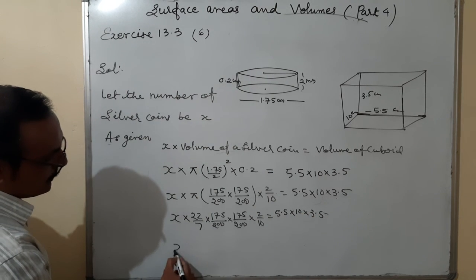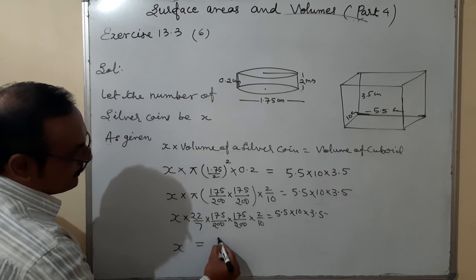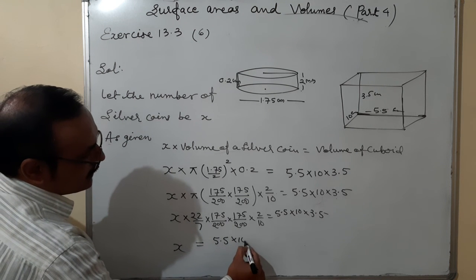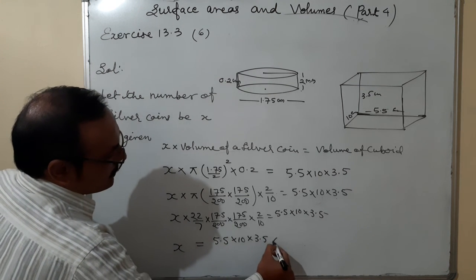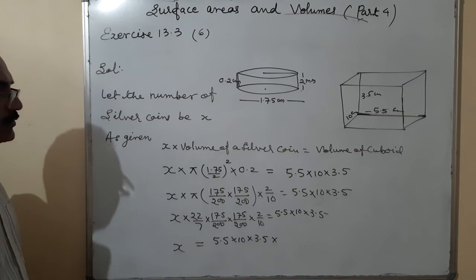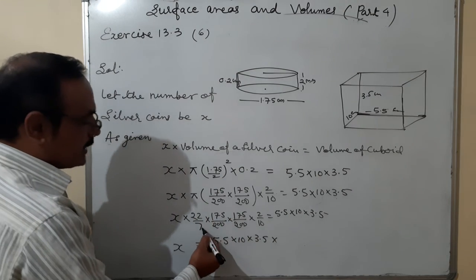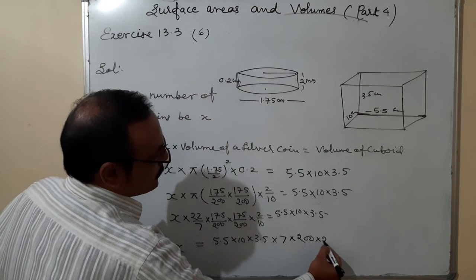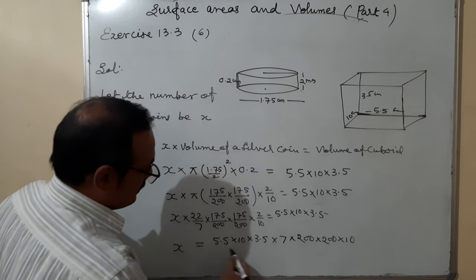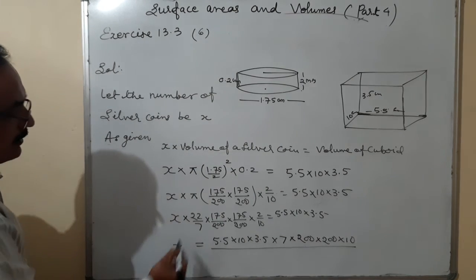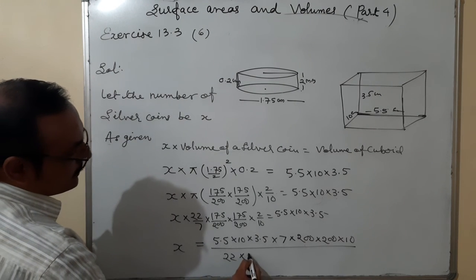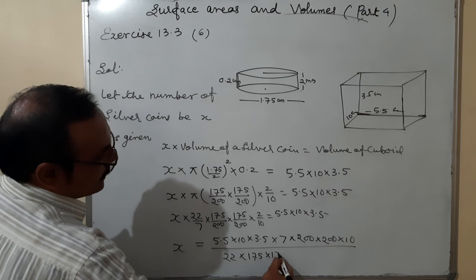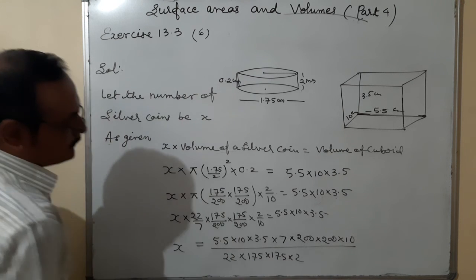For finding the value of x, these terms will be shifted, so all the denominators will go to the numerator side. So I write here 7 into 200 into 200 into 10 upon 22 into 175 into 175 into 2.